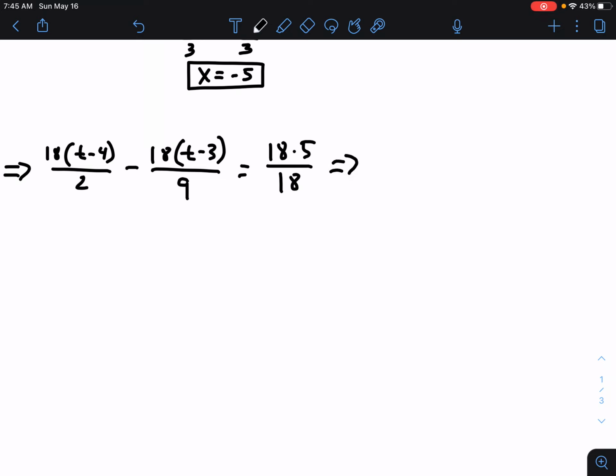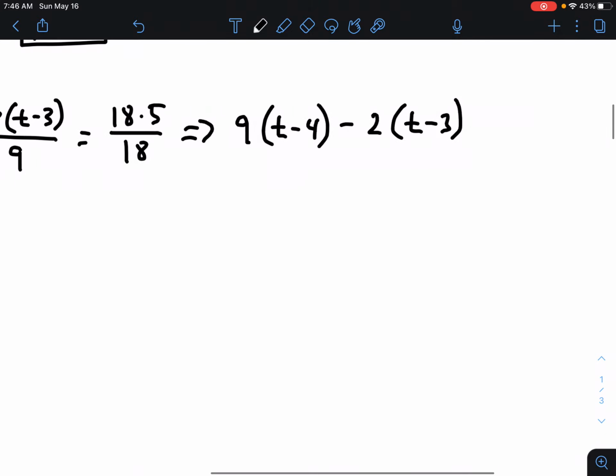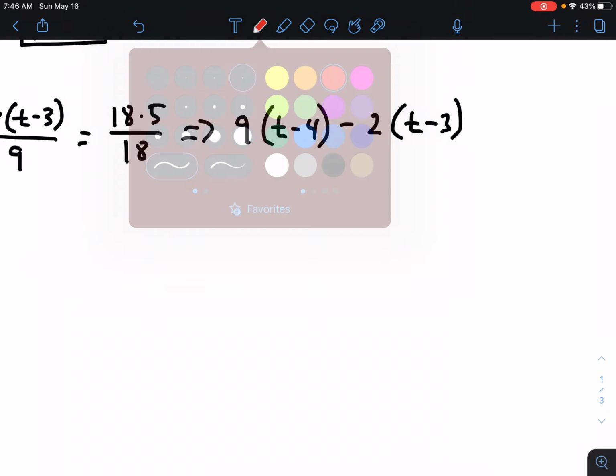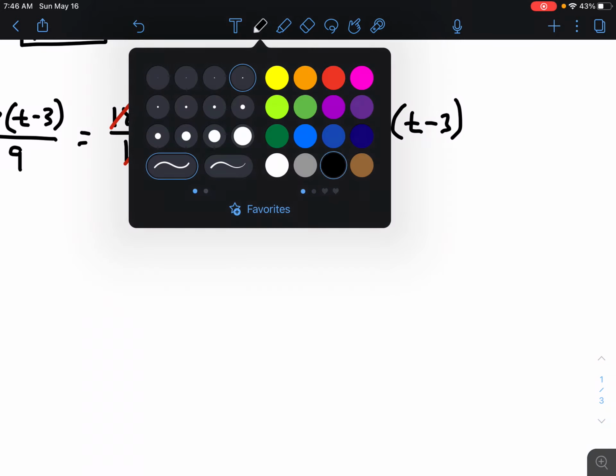I'm going to draw a little arrow, so I have 9 times t minus 4, and notice how nothing happened to what's inside the parentheses, and that's okay because it's multiplication. And now we have 18 divided by 9 is 2, so this is 2 times t minus 3. And then this last one, remember I just said, hey, these 18s are just going to cancel, so we end up with just 5.